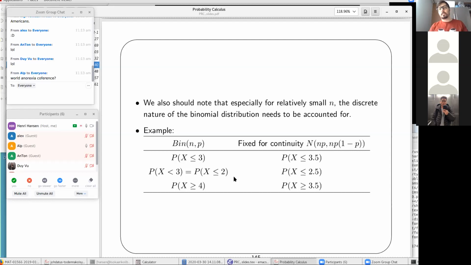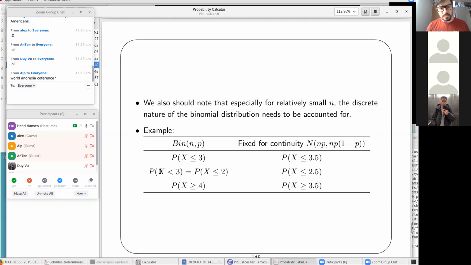Even for a relatively large n, those values that are close to n times p, meaning close to the peak of that distribution, tend to have a pretty large contribution to the whole probability.